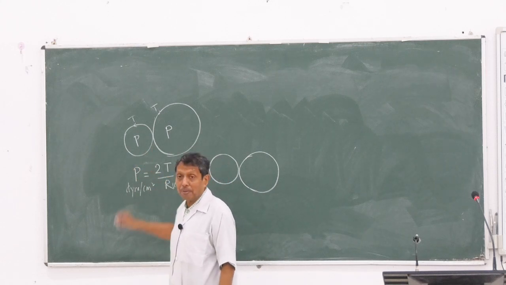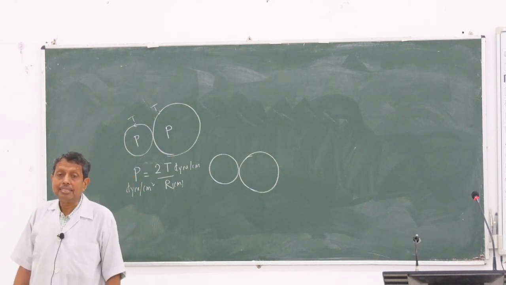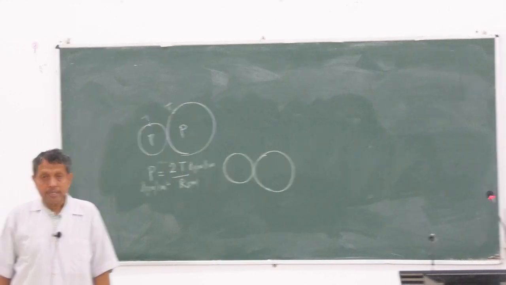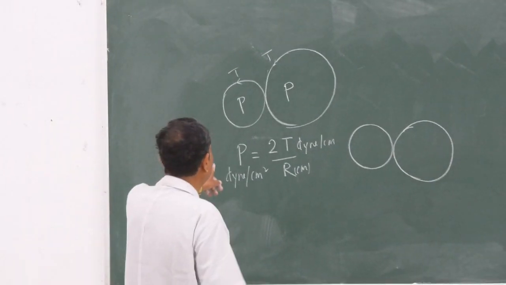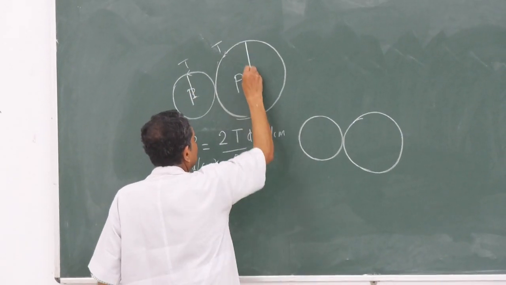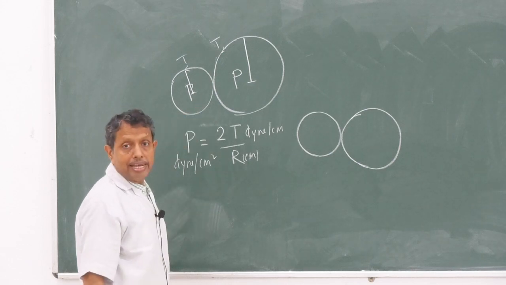So in the case of a soap bubble, what occurs? As they are independent of this surface area spread, whenever there is a reduction of the radius in comparison to the other, the pressure generated will be more in this bubble.